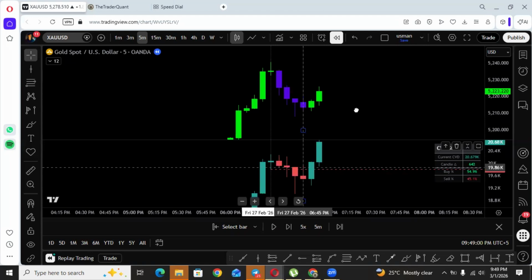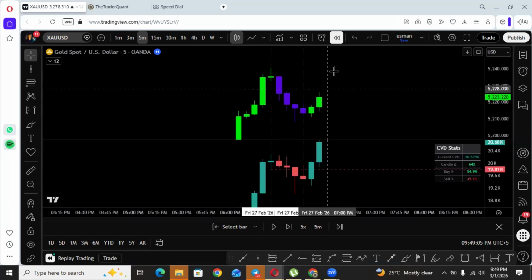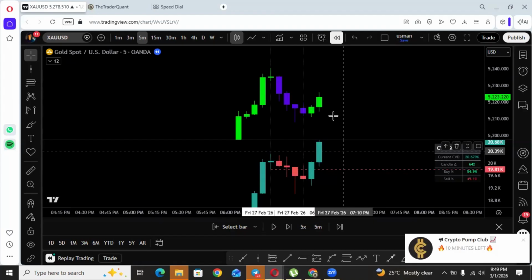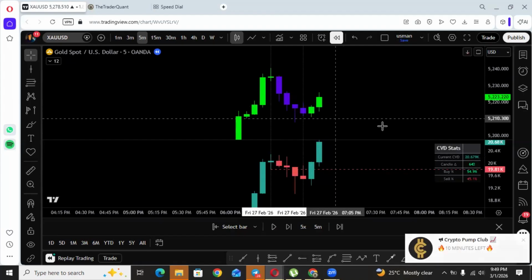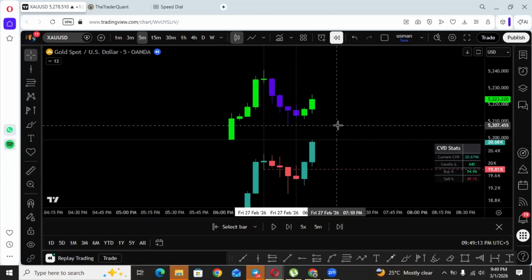Okay, but the reaction is not the same. Price will definitely give the reaction in the future, but they have to trap the people. They have to induce the people to either go in a buy direction or not.